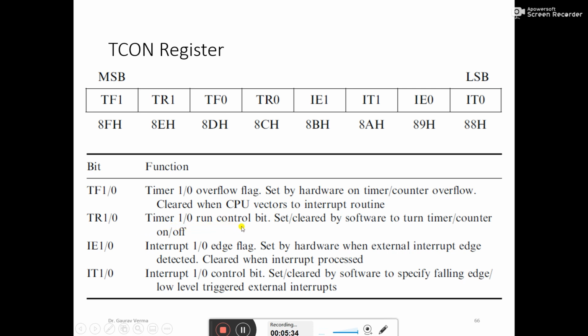TR1/TR0: timer 1/0 run control bit, set or cleared by software to turn the timer counter on or off. IE1/IE0: interrupt 1/0 edge flag, set by hardware when an external interrupt edge is detected and cleared when the interrupt is processed. IT1/IT0: interrupt 1/0 type control bit, set or cleared by software to specify falling edge or low level triggered external interrupts.